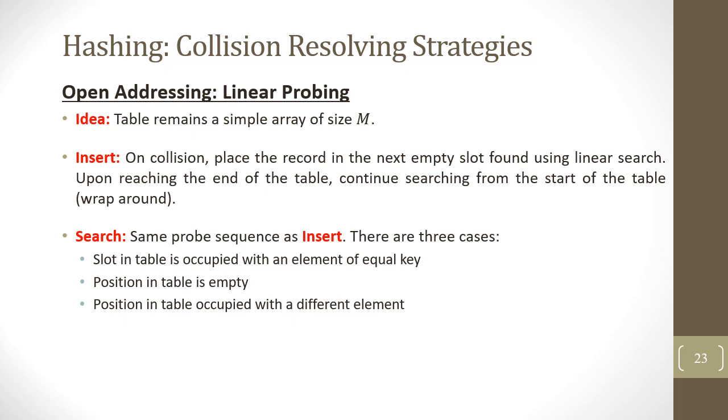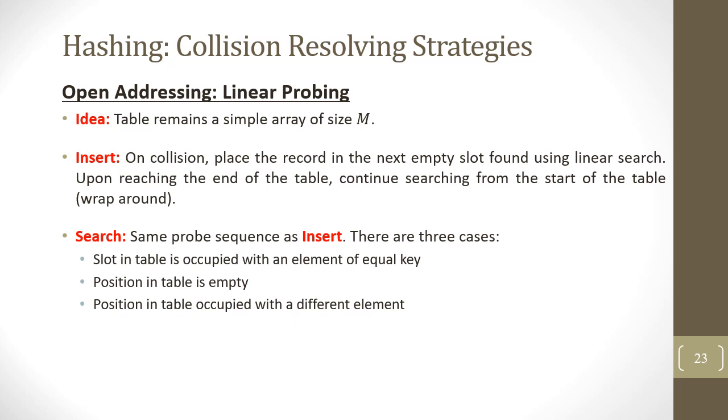The second case is the position in the table is empty. It means that the item we are looking for is not in the hash table. If it was in the hash table, we would have found it before reaching the empty slot.